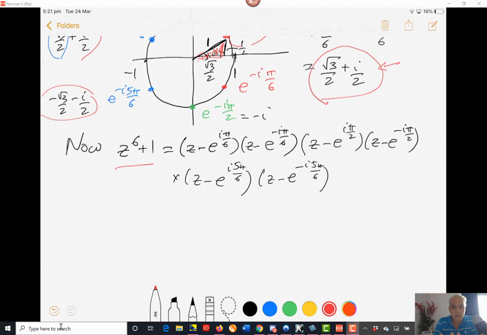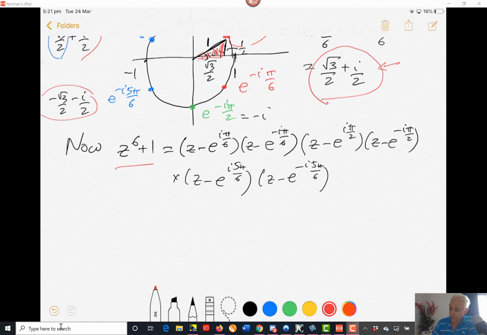In other words, if we're just interested in a factorization over the real numbers without any complex numbers at all, then we can obtain that from this factorization simply by writing out the products of these pairs of linear factors corresponding to complex conjugate pairs.